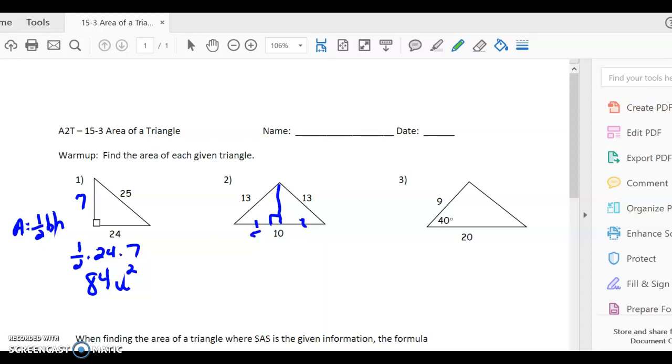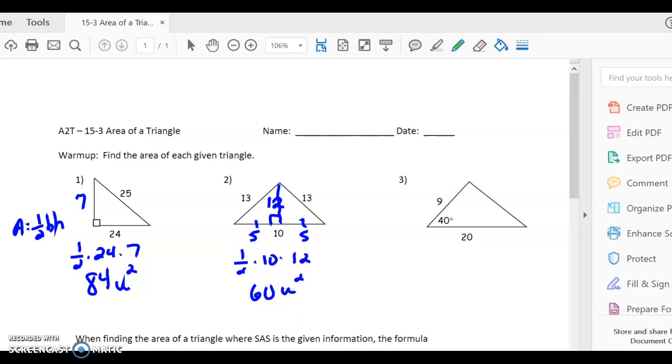So therefore, they would each be 5. And therefore, if you did the 13, 5, and you notice that 13 is the hypotenuse and 5 is the leg, then you would also notice that the height then would be 12. So we do 1/2 times 10 times 12, and we get 60 square units.